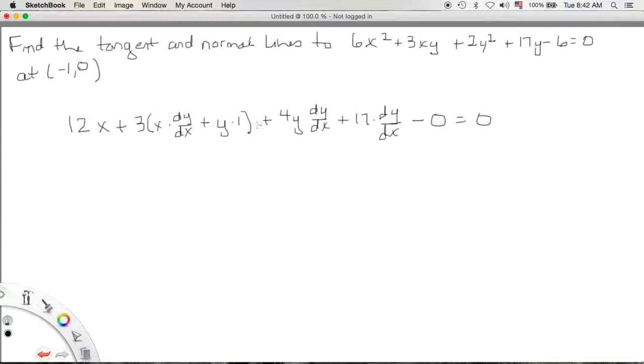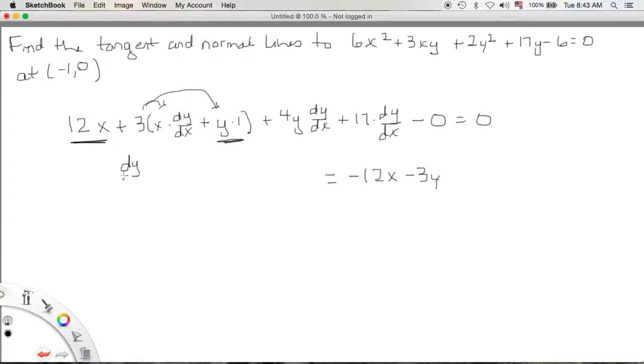So what we need to do is rearrange this so we have things that don't have dy dx over on this side. So if we distribute this here, we've got 3 over here and the 3 here, so we'll have -12x and -3y, because we'll move this and this over to the other side because they don't have a dy dx with them.